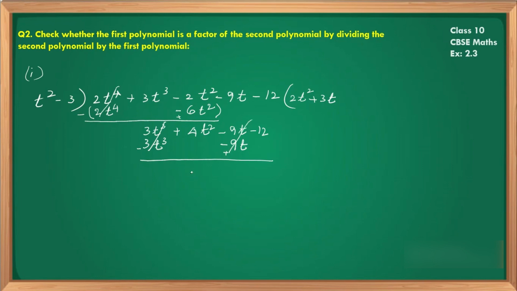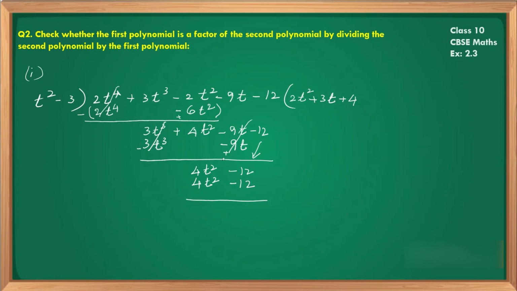Write down the balance as it is, 4t square minus 12. That is this. Minus 12. Now you have to multiply 4 with t square plus 4 into the whole thing. Let us start now. 4 into t square is 4t square, and 4 into minus 3 gives you minus 12.